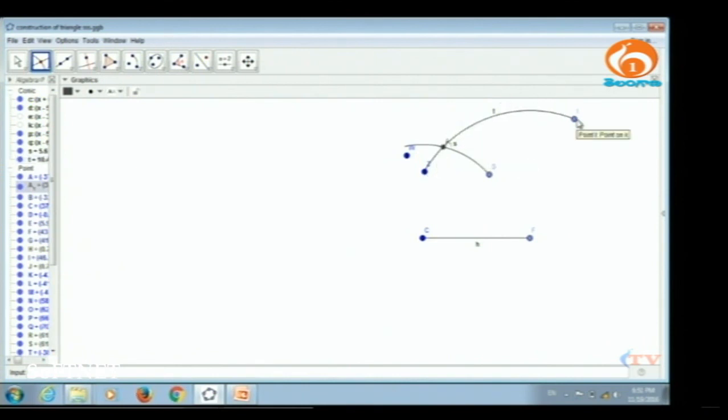Therefore, it is enough to draw only these arcs with the help of your compass, right? We have got the intersection point of these two arcs. Now, it will be very easy to draw a triangle. Like this.